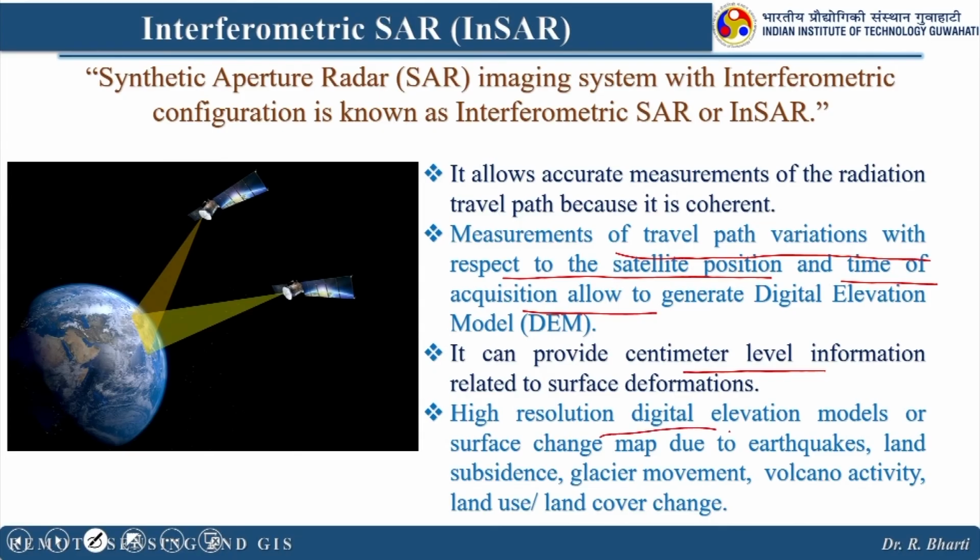High resolution digital elevation models or surface change maps are very common products from this INSAR, and the applications of this INSAR are in land subsidence, earthquake, glacial movement, volcanic activity, land use, land cover change. So, these are very popular applications of this INSAR technology, right.